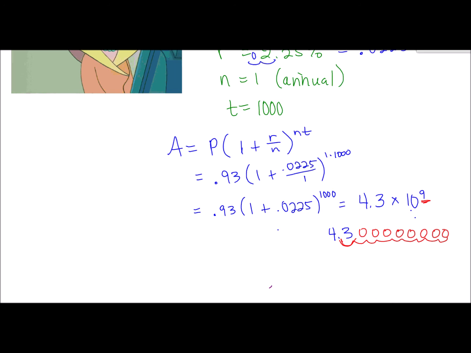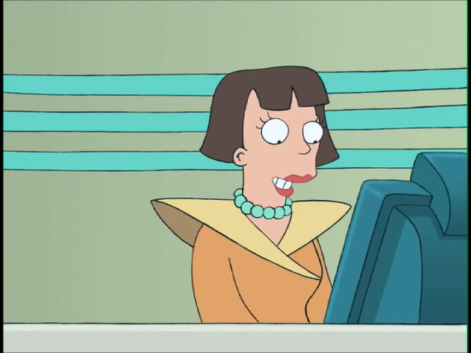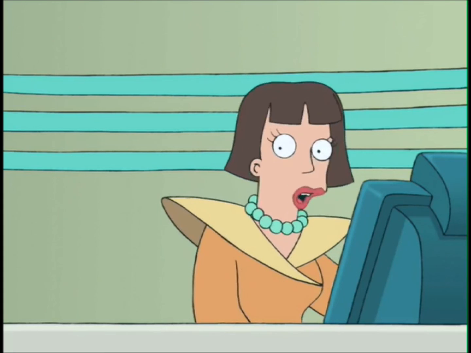Where did that come from? So that is, I'm going to put my commas in so that we can see exactly the amount. And at an average of 2.25% interest over a period of 1,000 years, that comes to $4.3 billion.